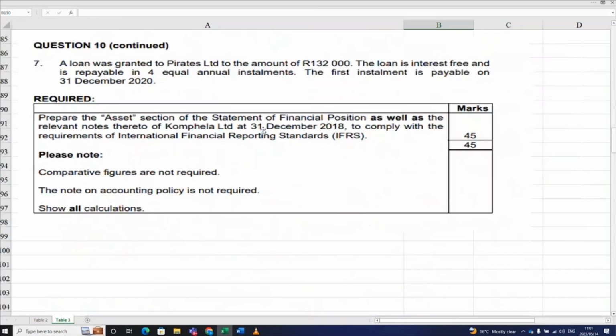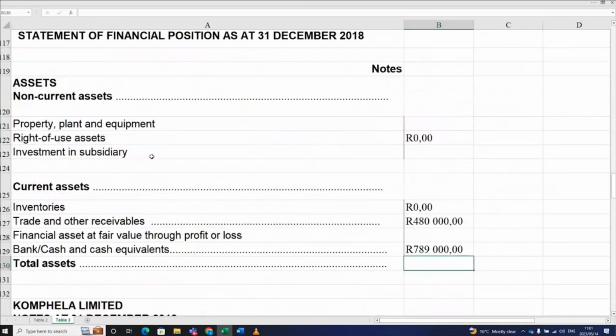So we know that when we come straight here to the financial asset at fair value through profit and loss, then we've got R5.50 multiplied by 25,000, and then boom, I've got that sorted out, done.